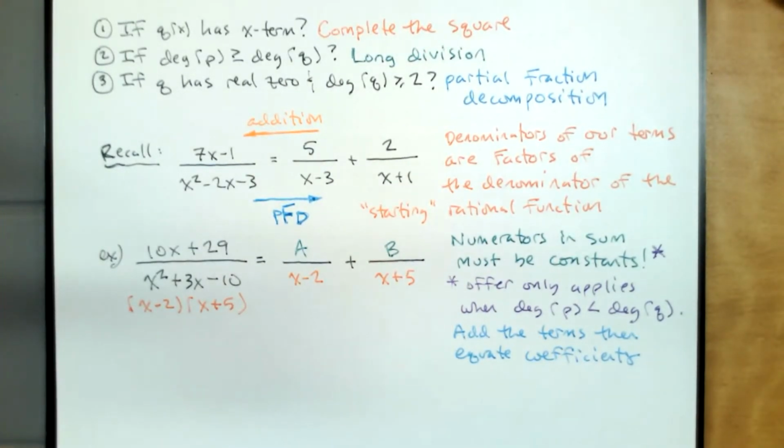So once you write what your sum should look like with your unknown numerators, you just add those fractions together.